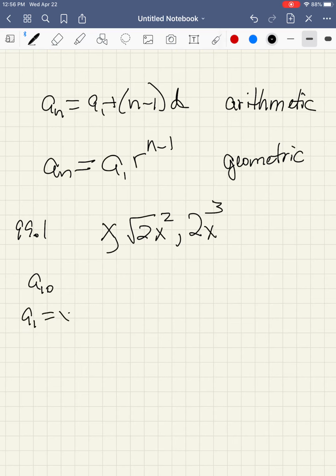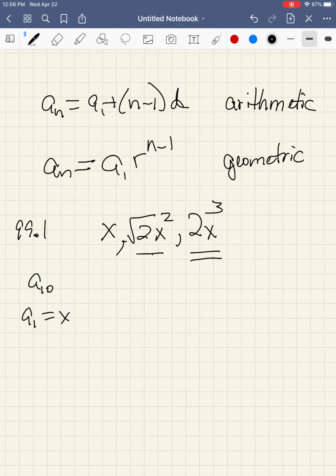We know A1 is x. They give us x2 and x3, but they don't tell us what r is. But if I multiply x times r to get this, or I multiply this times r to get this, can't I just divide any two consecutive terms and find out what r is?